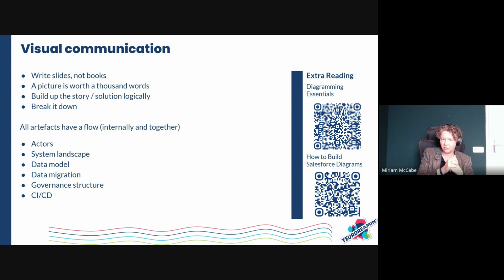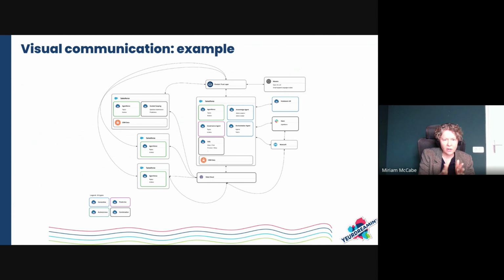And for the extra, read some very good content from the community, and maybe also from the well-architected framework, around essentials for diagramming, as a reference.